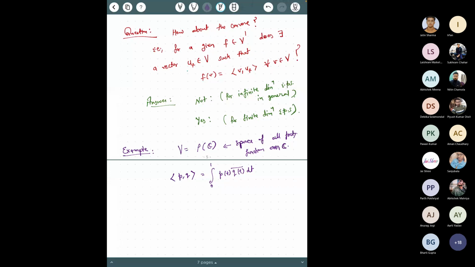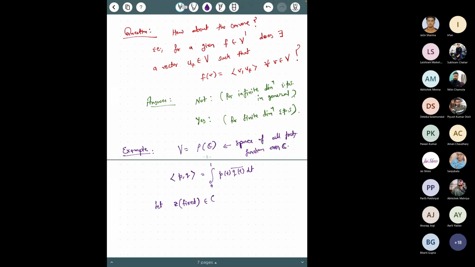So I've taken this V as the space of all polynomial functions over C with this inner product. Now I first need to find a linear functional f, for which I'm trying to say that this f cannot be written in this way. So I'm defining this f by the following law. Let us fix this z. Z is any fixed number in C. You can take this non-zero also.